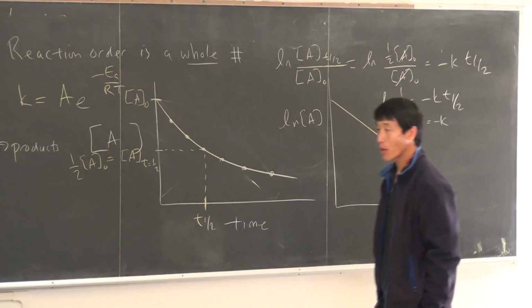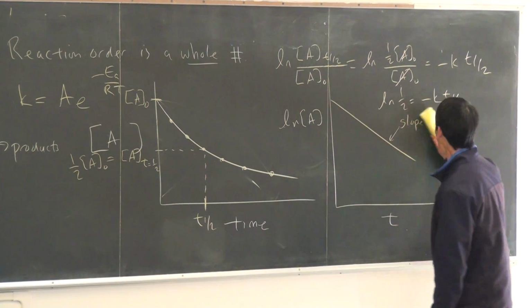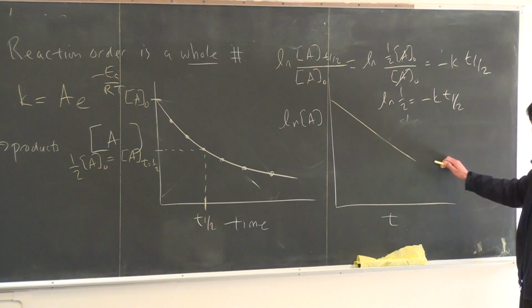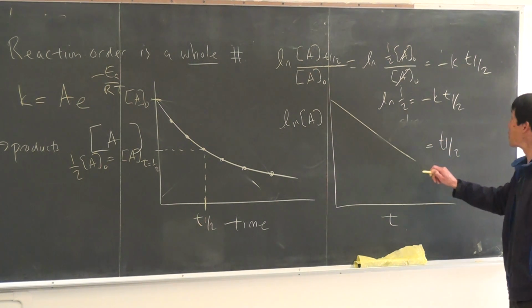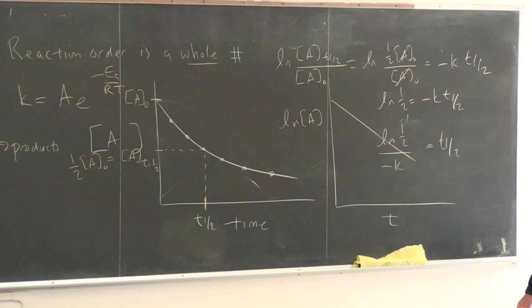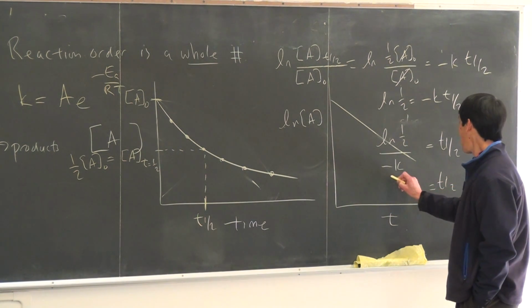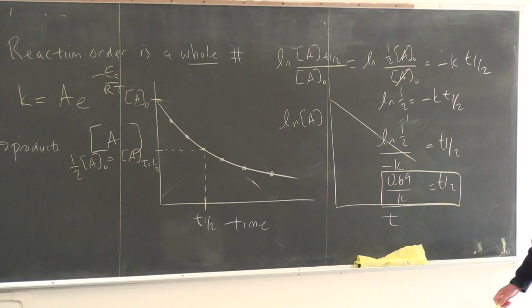If we simplify this equation, we should get T1 half is equal to the natural log of 1 half divided by minus K. The natural log of 1 half numerically is minus 0.69, so T1 half is equal to 0.69 divided by K. This is an equation that we can use for a first order reaction.